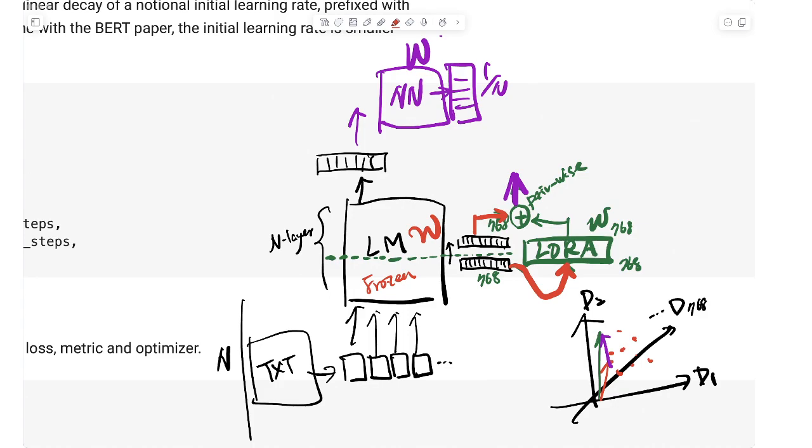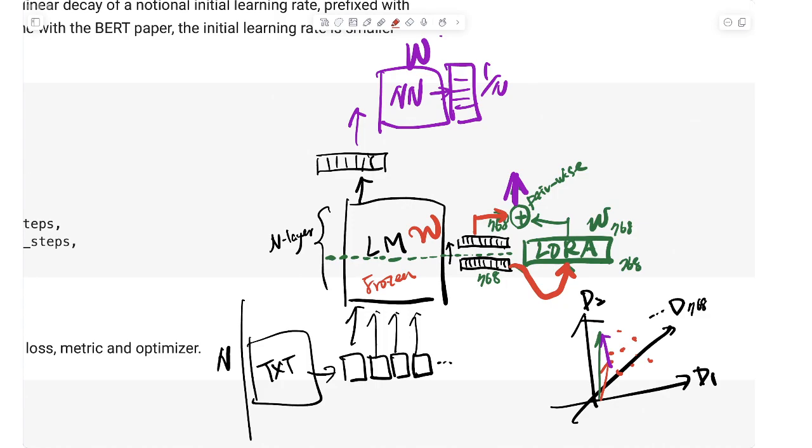So when training the purple weight, the green weight will be trained as well. In this case, LoRA means low rank. Low rank means there are only very, very few parameters in this green structure, so it is easier to train the LoRA model.